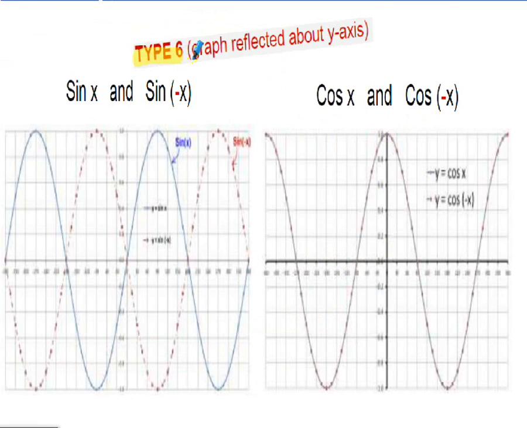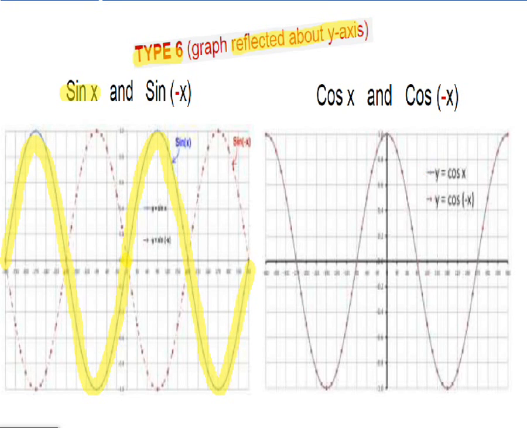Type 6 transformation continued. Don't forget the reflecting about the y-axis here. If we plot a sine x curve between 0 and 360 degrees, we will get this shape. If we plot a sine x curve between 0 and negative 360 degrees, we would get this shape.